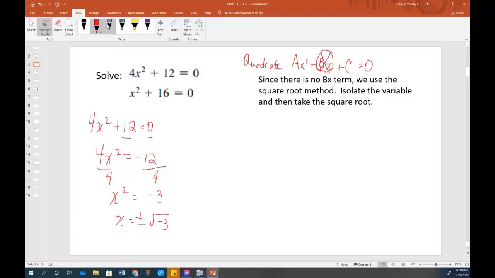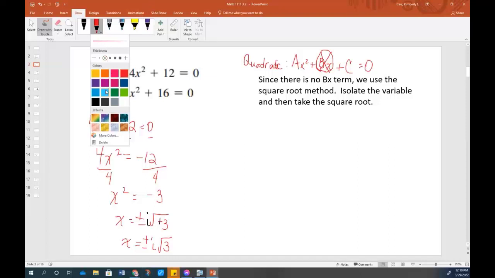Now when we put that square root on there, we've learned previously that we can take that i out, so I'll put a plus or minus here and an i. That's imaginary then. This one is not real. And so x is equal to plus or minus i root 3. And we have our imaginary root.